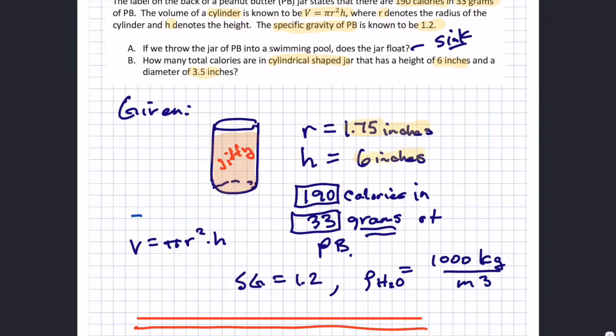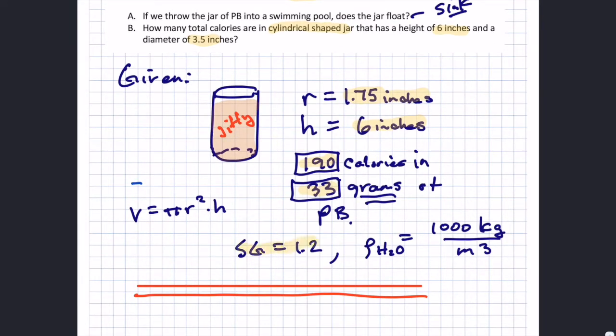We know the height is 6. We know 190 calories in 33 grams of peanut butter. We know the specific gravity is 1.2, and we know the density of water is 1,000 kilograms per cubic meter. I would have to give you this on an exam.